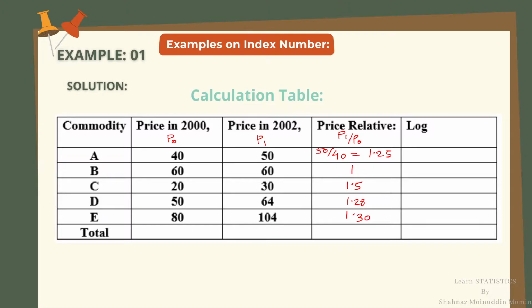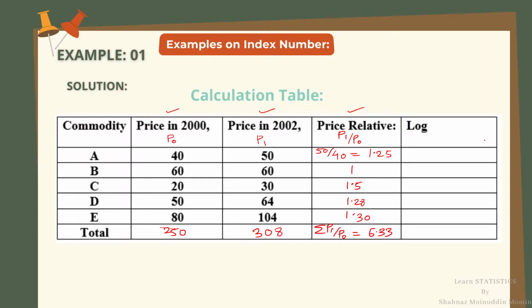Now we will add the columns P0, P1 and P1 by P0 that we will need while doing the calculation. After adding the prices in base year, it comes out to be 250. Similarly, the addition of price in the current year is 308, and the sum of price relatives, summation P1 upon P0, is equal to 6.33.